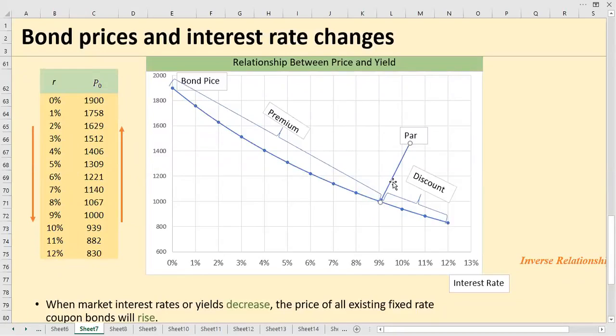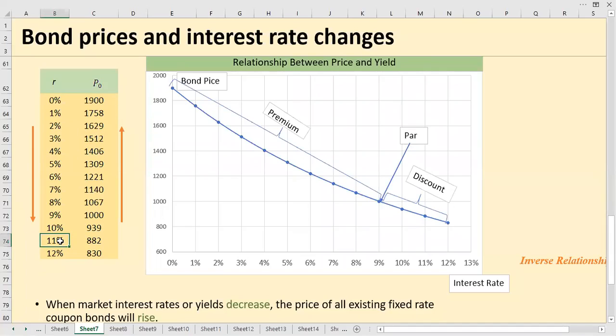So if you compare this, when the required rate of return is higher than the coupon rate, here the coupon rate is 9%, if the required rate of return is 10 or 11 or 12, that means you expect more. For example, at this point, 11%, when the required rate is 11%, you expect 11%, but you are actually receiving only 9%.